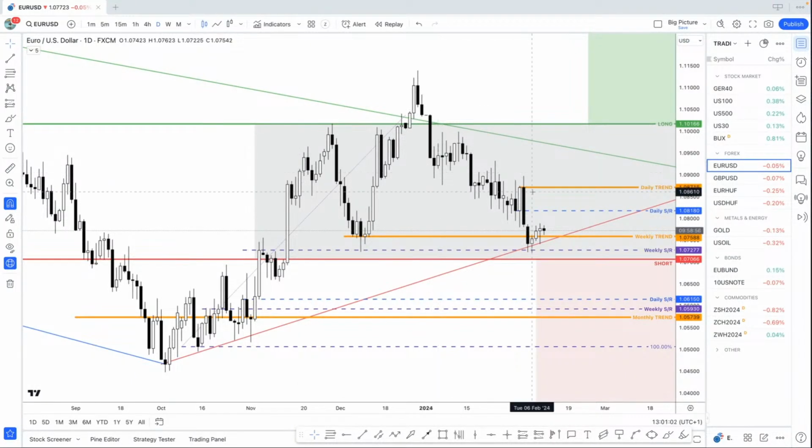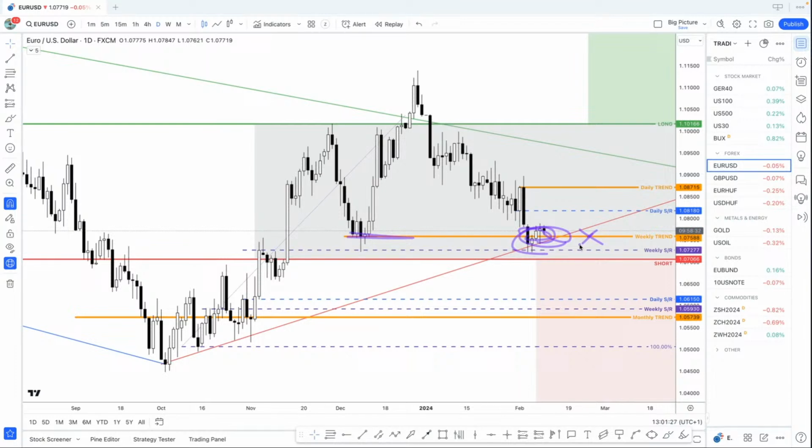But on the daily, we have a short trend in place. That's a beautiful short trend. This is the counter trend of this weekly impulse. And right now we are at the starting point of this weekly impulse. So this is a place where for day traders, I think it's a no-go.